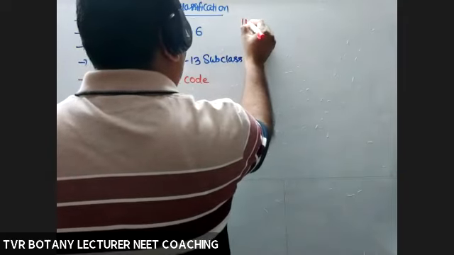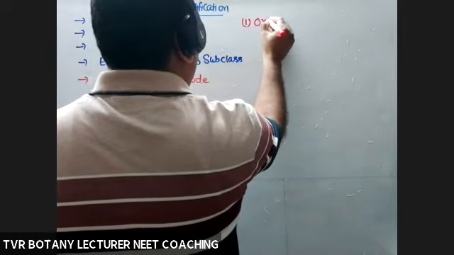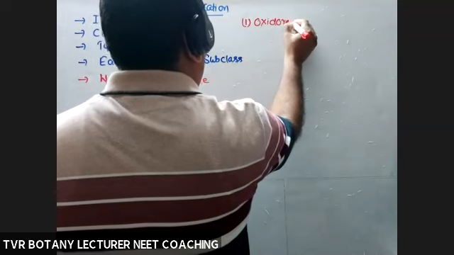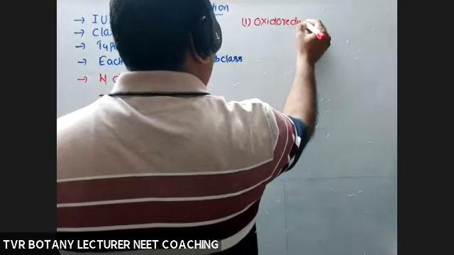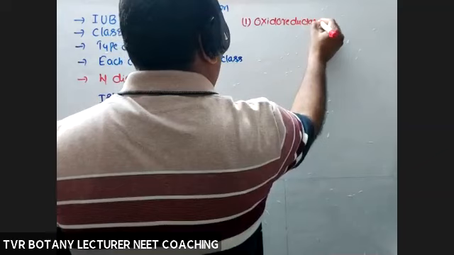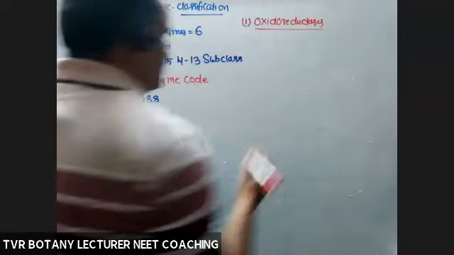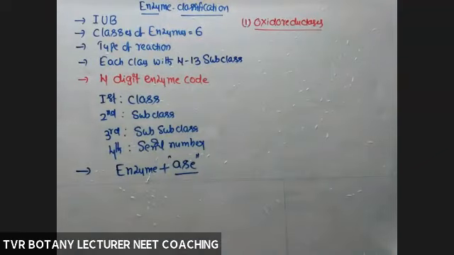First one, oxidoreductases, also called dehydrogenases. So in the class name, what about the last word? The suffix is ASE.